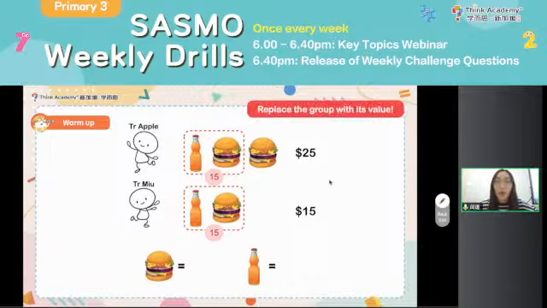Then what is the price? The price of the burger should be 25 minus 15, which is 10. And also according to this, you can figure out the price of the bottle of juice. So actually this is a basic key point of such questions. That is, we try to replace the group with its value.